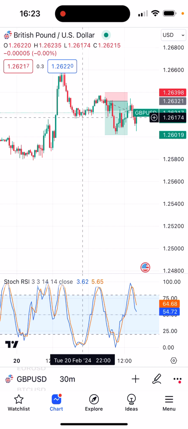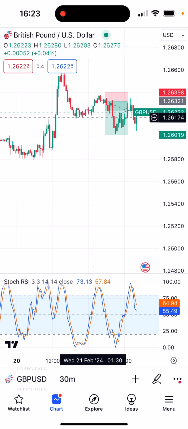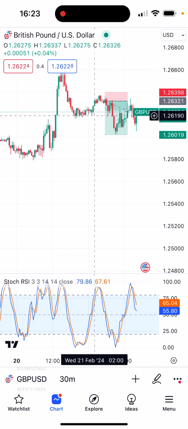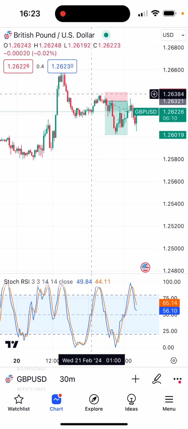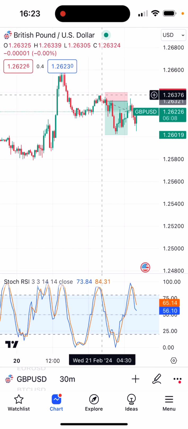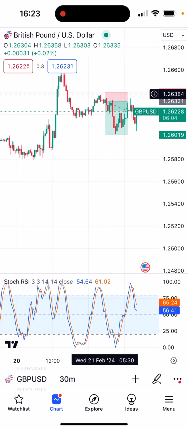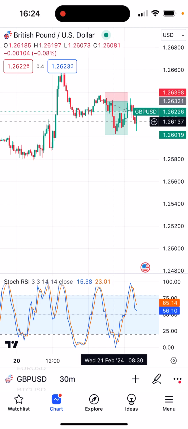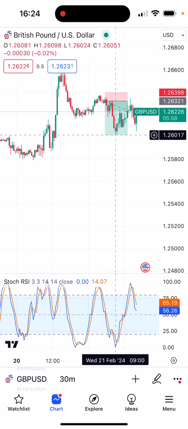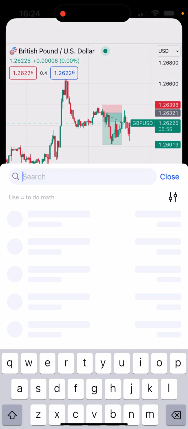We don't care about the night, especially on British pound and US dollar, because it's out of the US session and London session. So we don't care about trading that 10 o'clock at night. But then when the morning session kicked in and the highest Asian session right here had ended, even the Sydney session, then you would have your stop loss above and enter for the sell. Okay, so it's another strategy that you can implement using that trade.